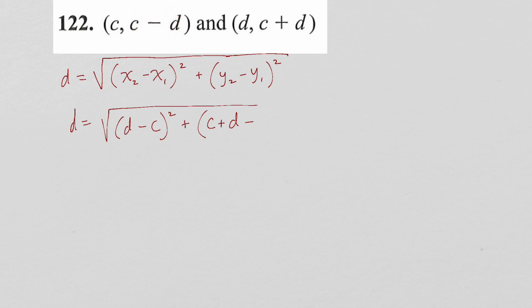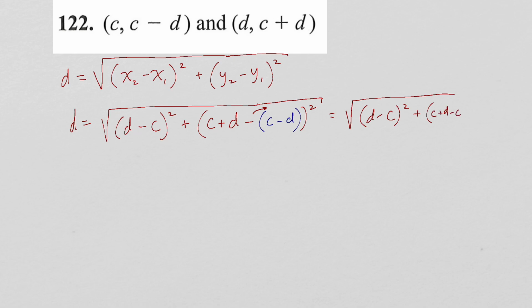So I'm going to have to put that in parentheses. So I'm going to say equals minus c minus d, and then I'm going to close that and square it. And this negative is going to distribute. So we're going to get the square root of d minus c squared plus, I'm going to have c plus d minus c minus or plus d, all of that squared.